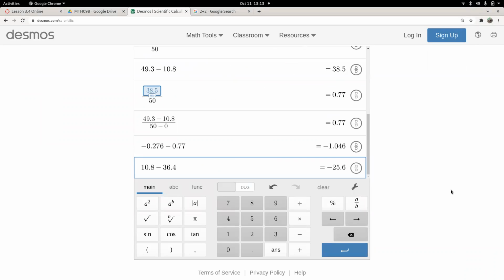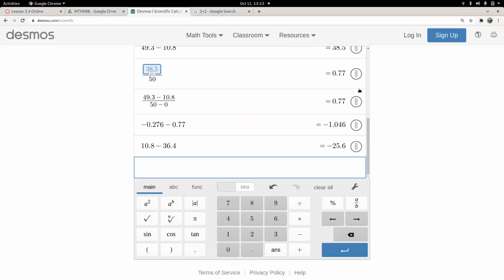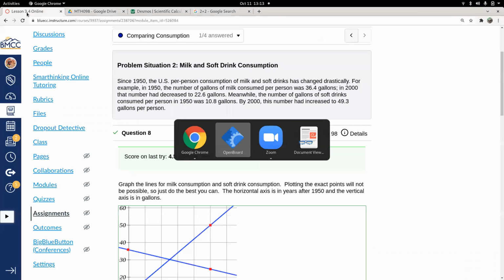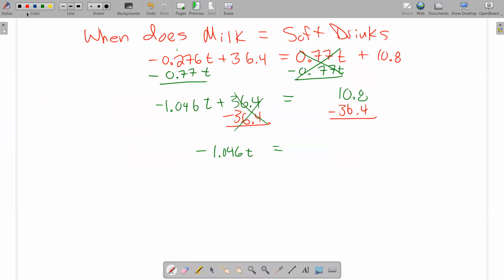So that's negative 25.6. And the second to last step here is to get rid of that multiplication by dividing by that number out front. Good sign, a negative divided by a negative is a positive. I'm certainly hoping for a positive answer here.